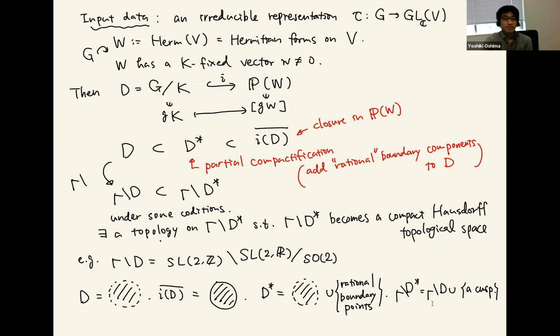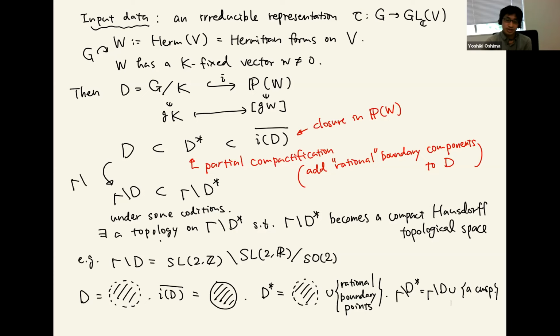Then by taking a quotient by gamma, you get a modular curve with a cusp. Gamma, in this case, acts transitively on the rational boundary points, and this becomes a point.